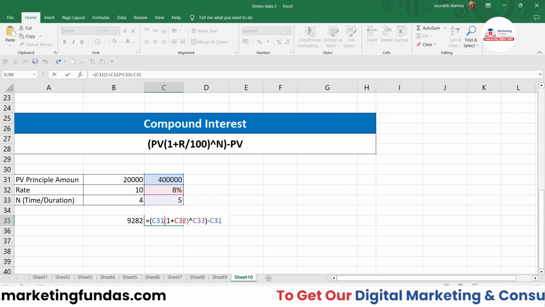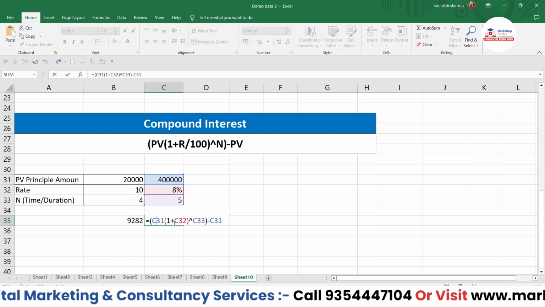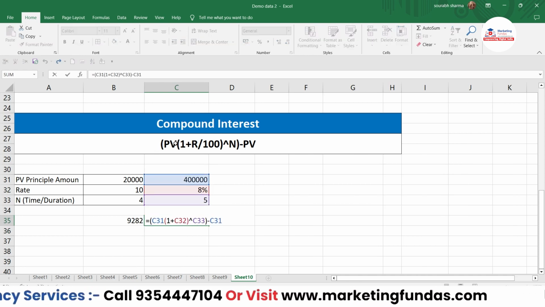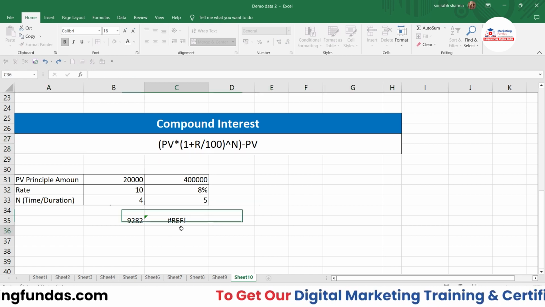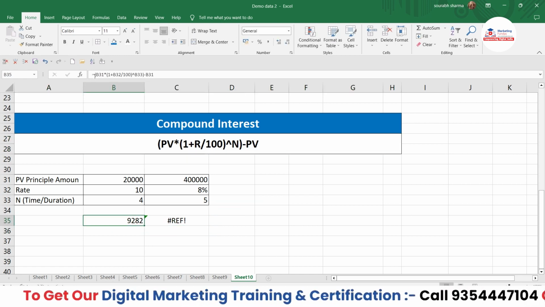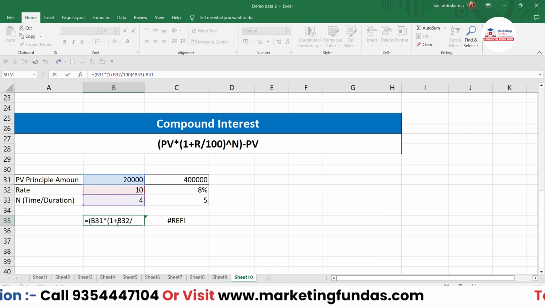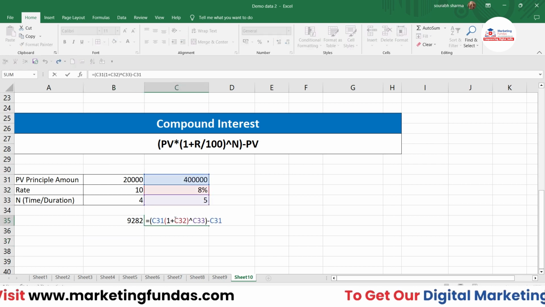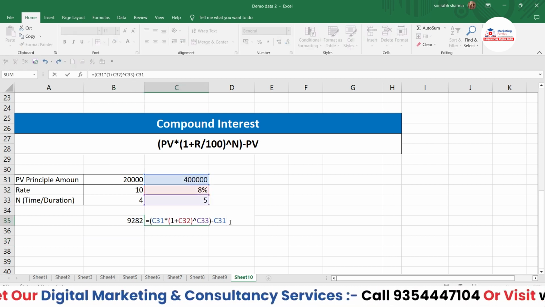No, it's fine. It's not getting done yet. I haven't applied multiplication mark here in this formula, but I have applied the multiplication symbol here, as you can see, but I forgot to apply it here. So I just have to apply multiply and then hit enter.